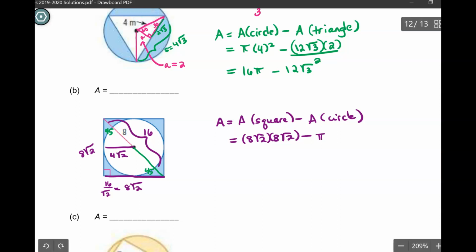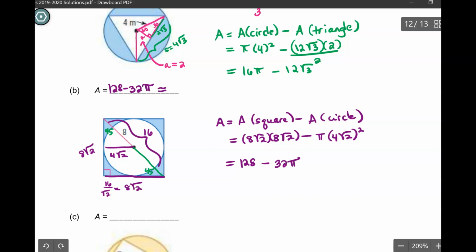So that's going to be pi times 4 root 2 squared. So let's see, 8 root 2 times 8 root 2 is 128. And 4 root 2 squared is 32 pi. So that's my exact answer.